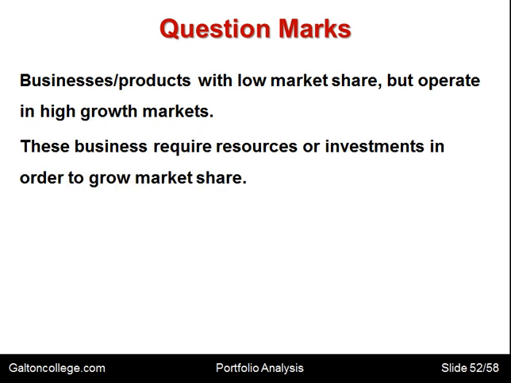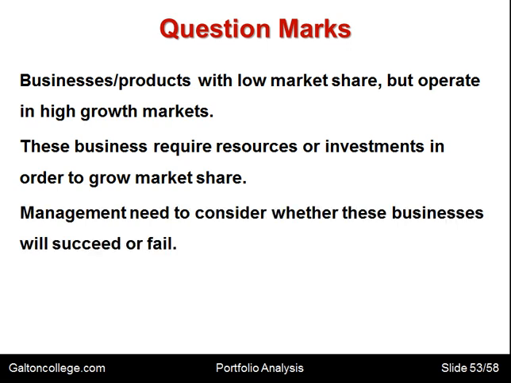So it depends. These businesses require resources or investment in order to grow the market share. And management need to consider whether these businesses will succeed or fail. They need to critically assess the businesses to make sure that they're moving in the right direction.